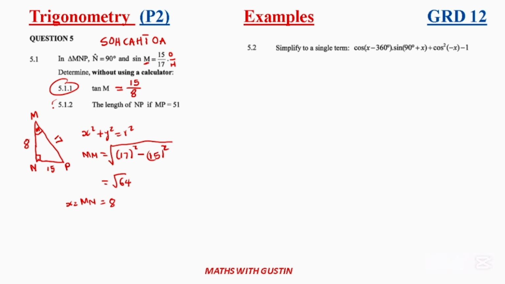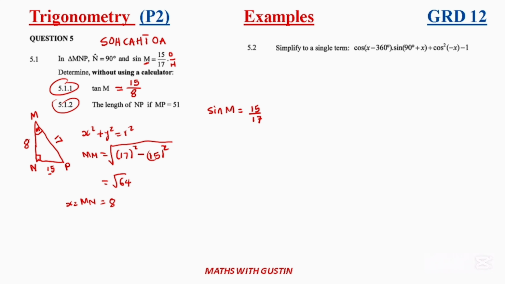And then they are saying here, 5.1.2, the length of NP if MP is equal to 51. So they want this length here. What we can do is say sine M is equal to opposite over hypotenuse, which is 17.